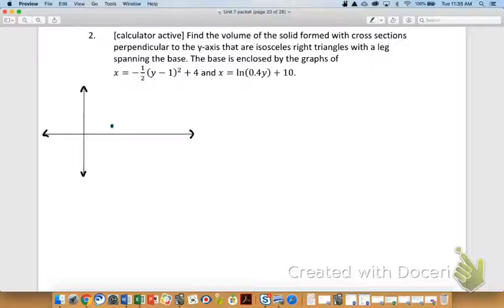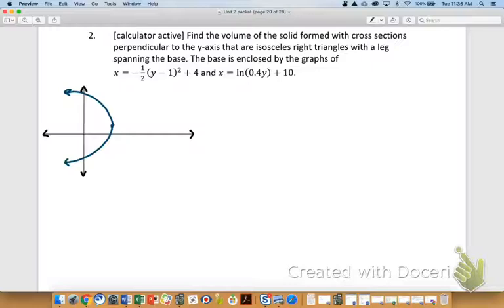So this graph looks very parabolic. And then the other one is actually an exponential, e to the (x minus 10) over 0.4.